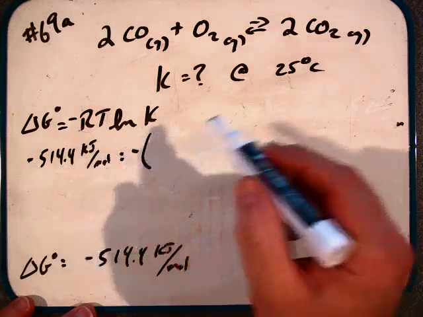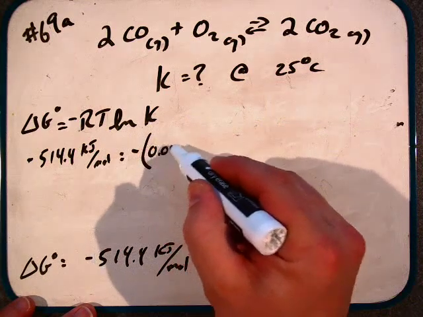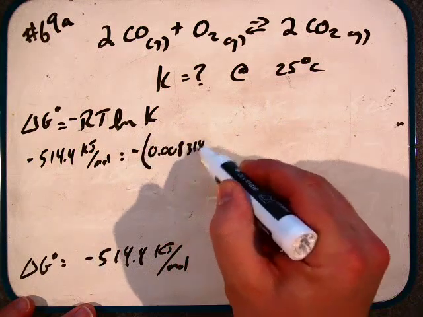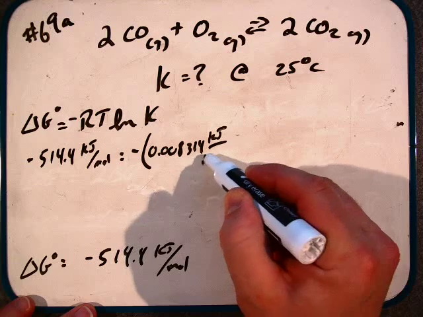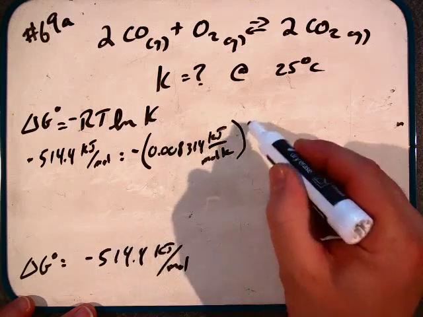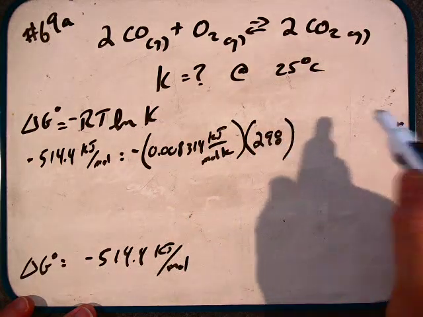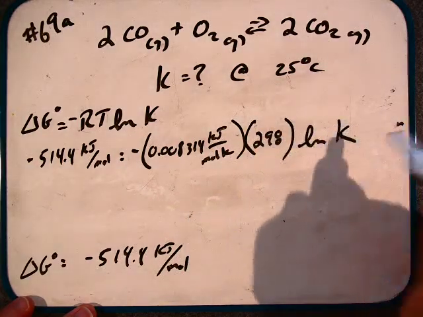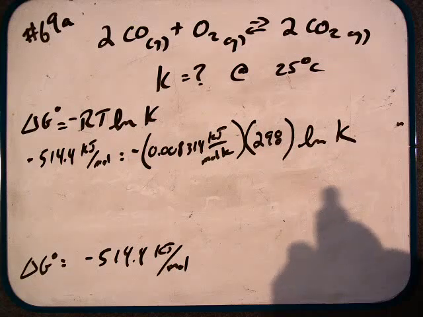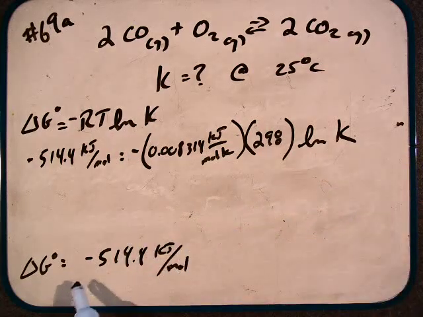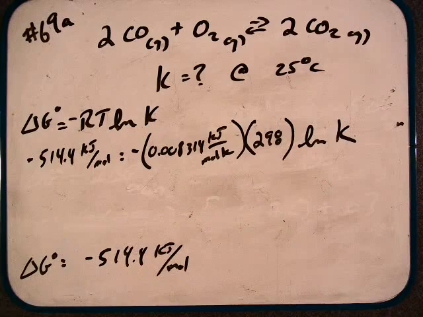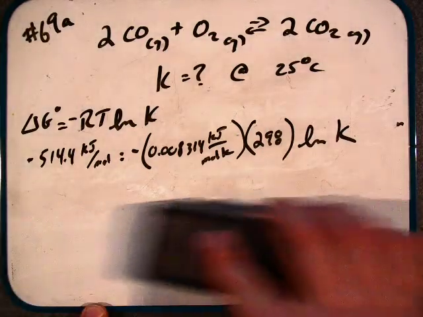That is equal to negative R, and I'm going to do the conversion to kilojoules for that constant, times our temperature, which is 298, or 25 degrees Celsius, and what we're solving for, the natural log of K. So I just substituted what we solved for in the first part into that delta G expression.